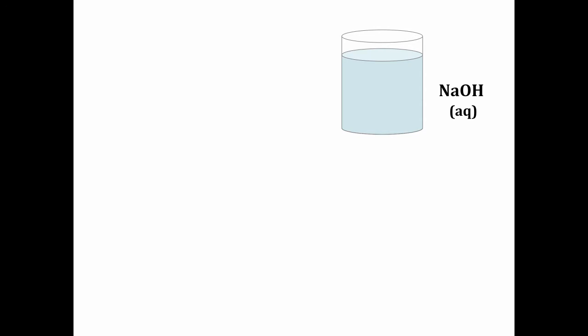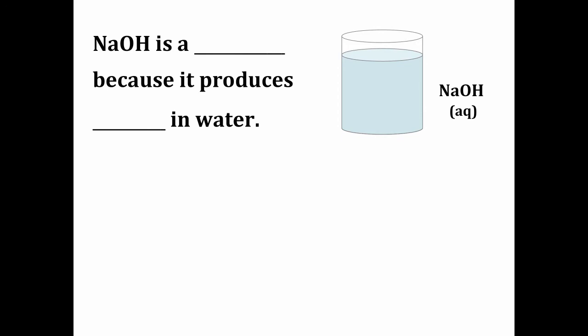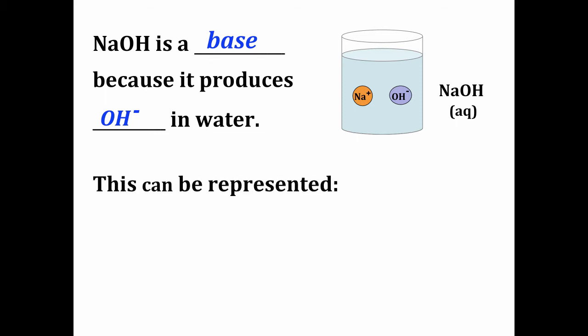Now, on the other hand, let's consider an aqueous solution of NaOH, or sodium hydroxide. And NaOH is a base. It's a base because when it dissolves in water, it produces hydroxide ion, OH-. And we can represent this in a similar manner to how we represented the hydrogen chloride solution.